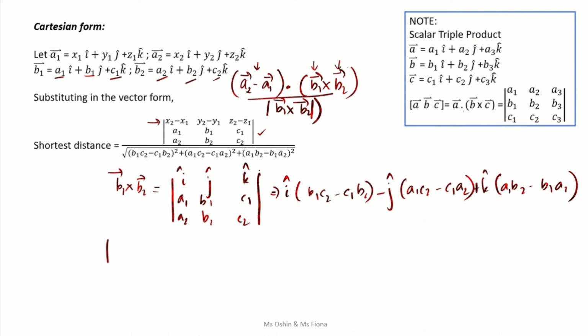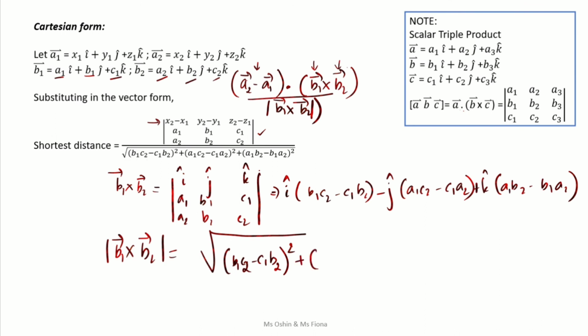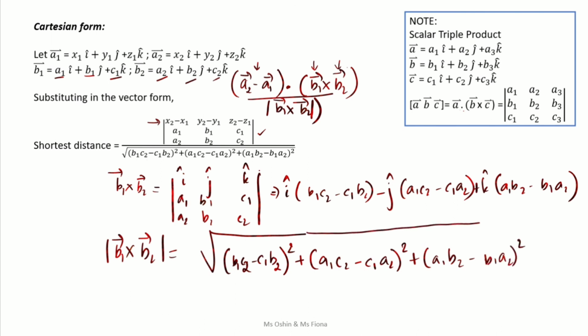Now, taking the magnitude of B1 vector cross B2 vector, we get the square root of (b1 c2 minus c1 b2) the whole square plus (a1 c2 minus c1 a2) the whole square plus (a1 b2 minus b1 a2) the whole square. And this is nothing but our denominator. So the shortest distance between two skew lines in Cartesian form is given by this formula.